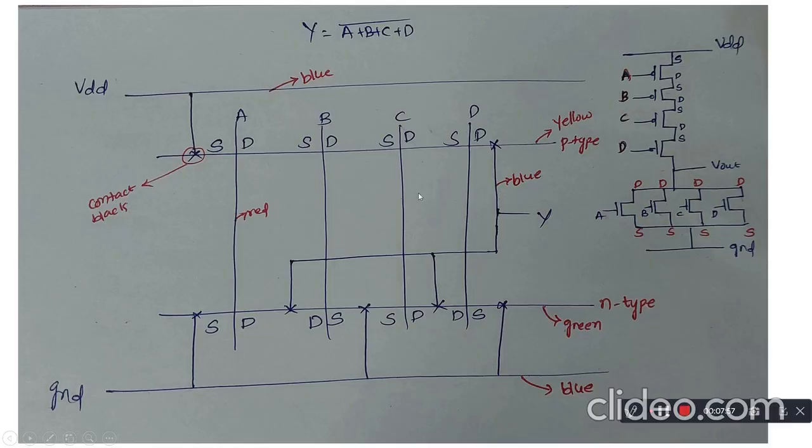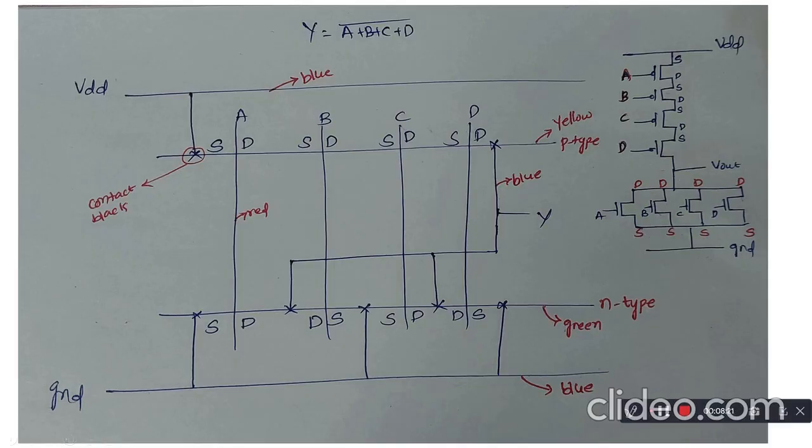Then we draw the P type and the N type. Then we write all the input lines as shown here. Then you have to mention the source and drain of every input so that it will be easily connected to the VDD and ground. Then, based on the source and drain, we give the connections accordingly by seeing the static CMOS representation.